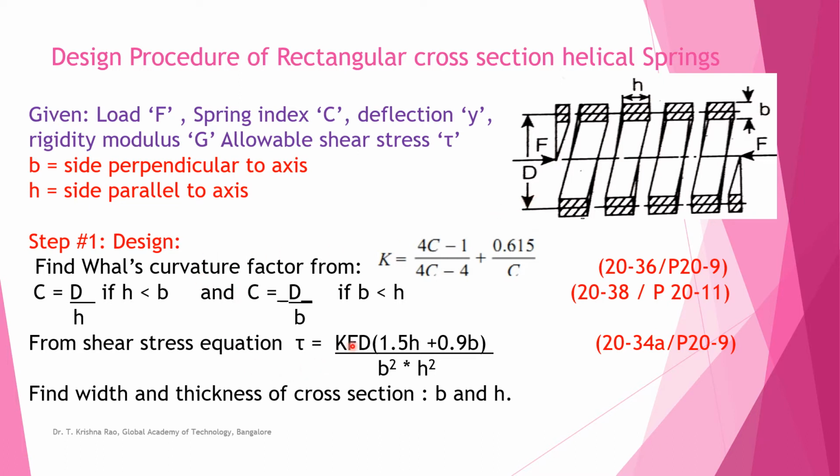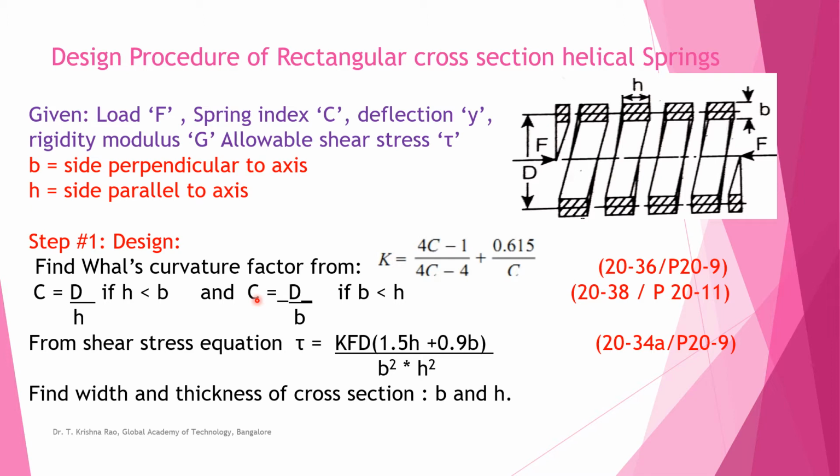As usual, there are 7 steps in the design. Step number 1 is to find the cross section. That is, here we have to find B and H using the shear stress equation. Step number 2, mean coil diameter, inside diameter of coil, outside diameter of coil. Step number 3, deflection. Step number 4, free length of the spring.